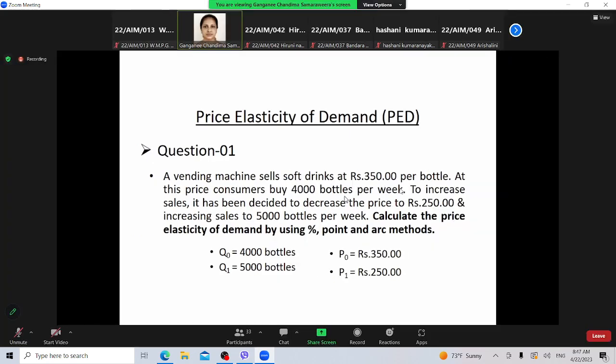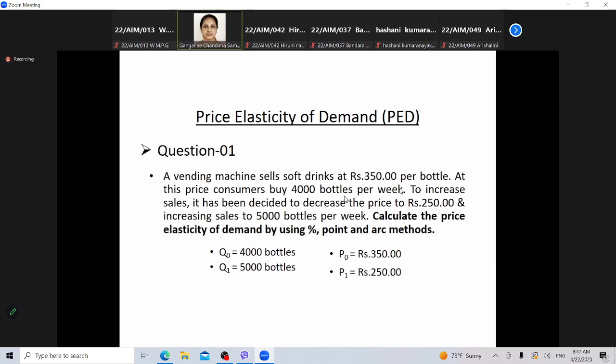Because clearly understand, P1 is 350, previous price, next price is 250.